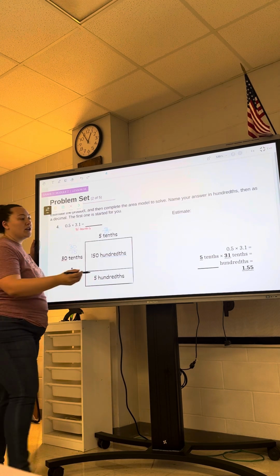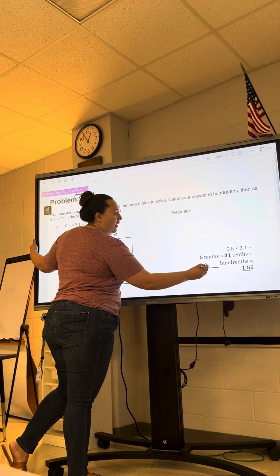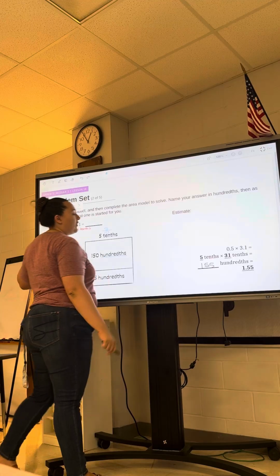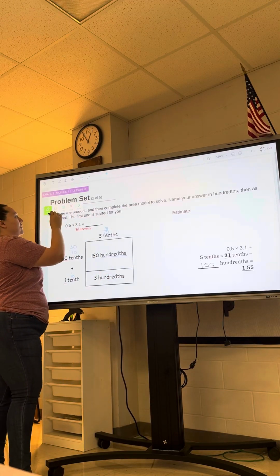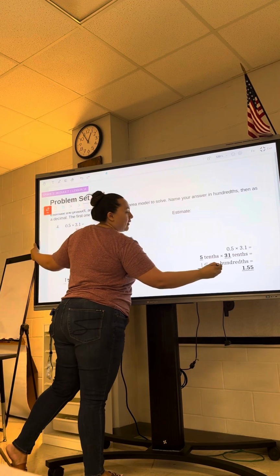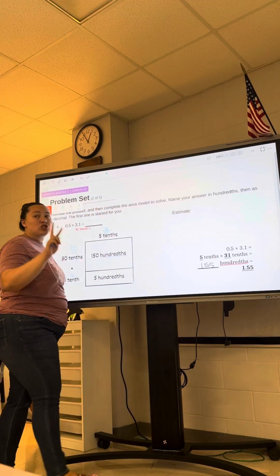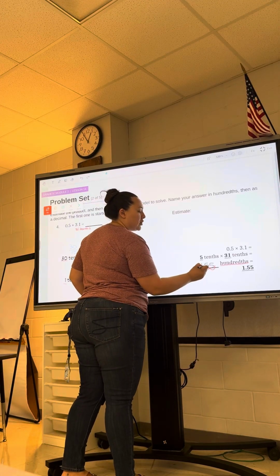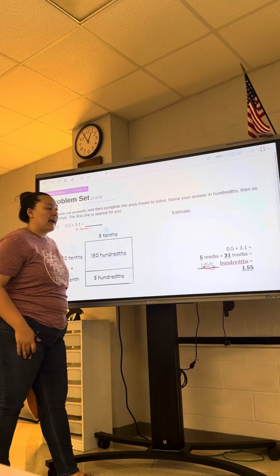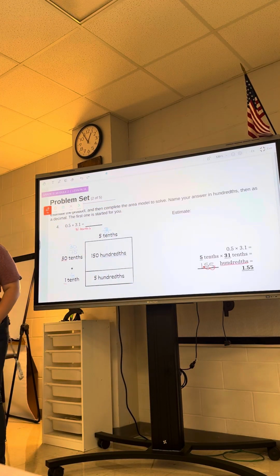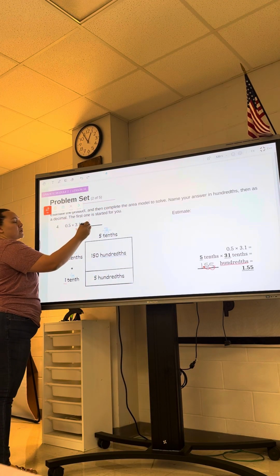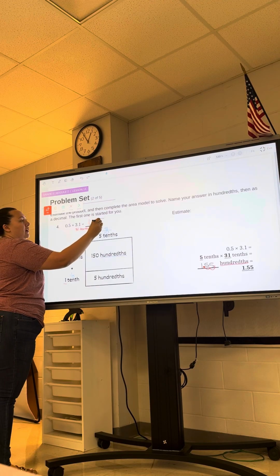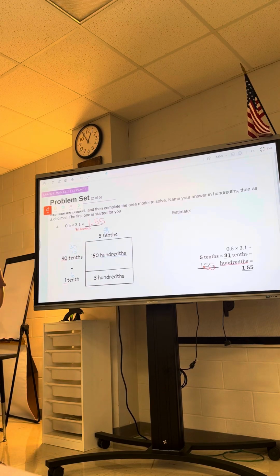Yes, I have 155 hundredths, but if I have it in my hundredths place, my hundredths place is 2 place values over. I can bump 1, 2, and then that number is 1.55. My answer for this is 1 and 55 hundredths.